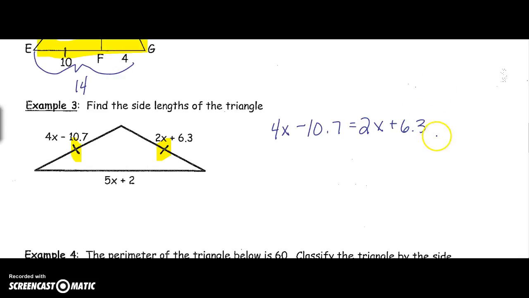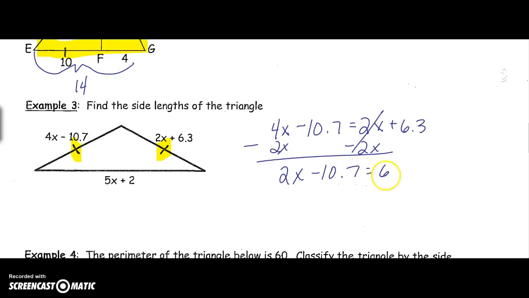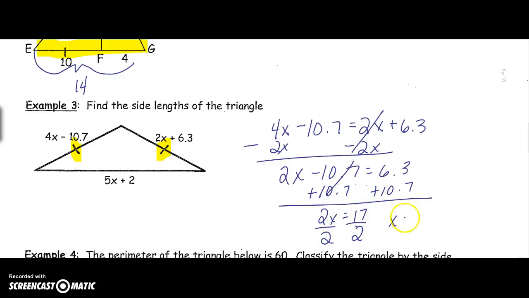So if you were to take your x's and move them together, you have 2x minus 10.7 equals 6.3. Add together 10.7 and 6.3, which gives you 17. Divide by 2, and x is 8.5.